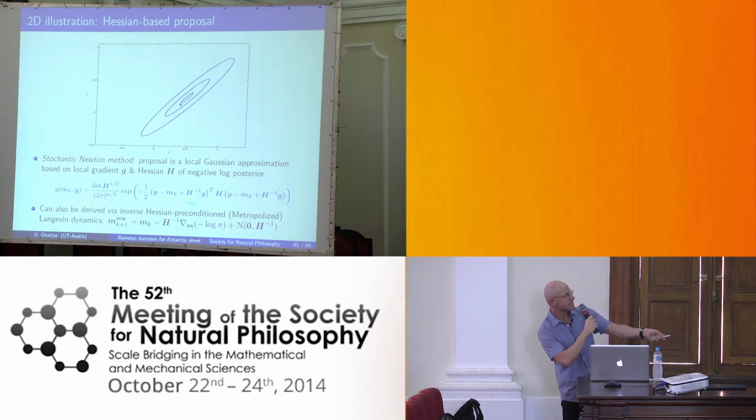The proposal density has the Hessian in there as a weighting. We call this a stochastic Newton method because the new point is essentially the old point plus a Hessian inverse gradient term, which looks like Newton's method. So that's the direction from the current point to the mode here. And then finally the contours are distorted by the inverse of the Hessian, which approximates the covariance.